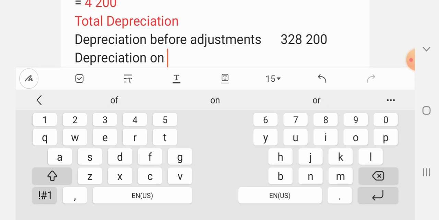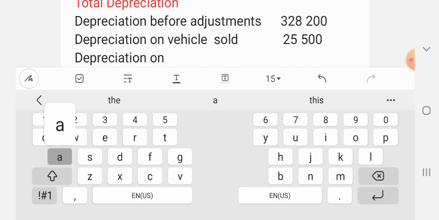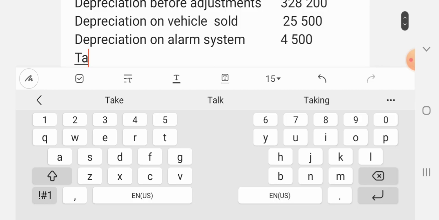depreciation on the vehicle sold, that is 25,500, and then we also have depreciation on the alarm system, and that is 4,500, and then total depreciation.